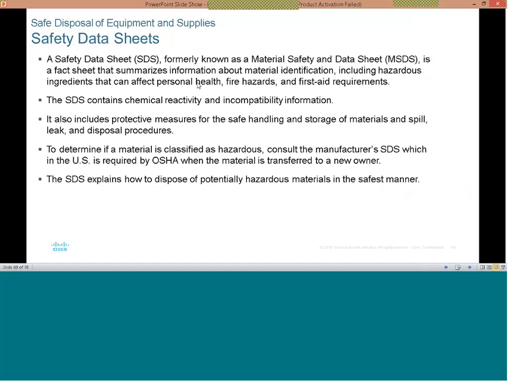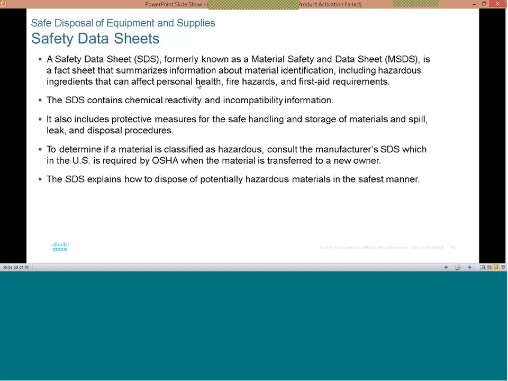But all these actually are in the manual, which has to be studied so that we can follow the procedure, what to do. So the SDS contains chemical reactivity and incompatibility information. So this is still an issue. It also includes protective measures for the safe handling and storage of materials and spill, leak, and disposal procedures.